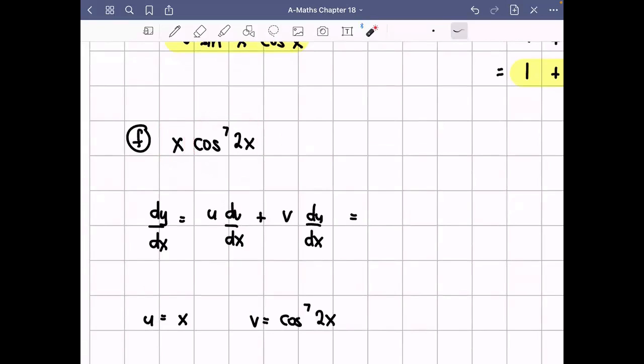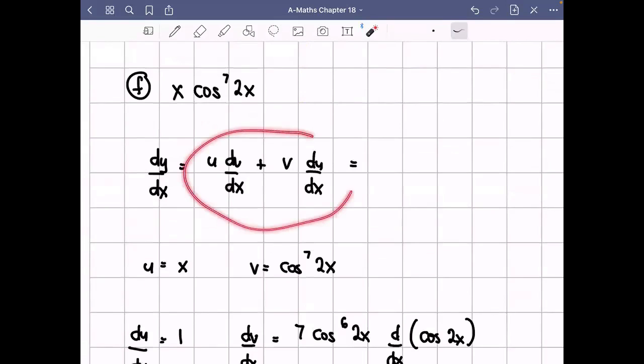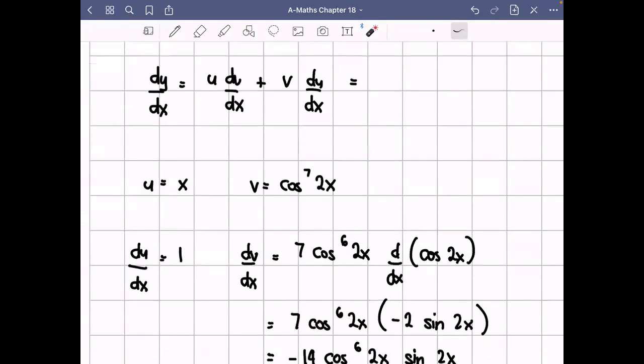So therefore, x is my u, then cosine 7 of 2x is my v. Okay, so this is product rule. So again, it's u dv plus v du, or u times the derivative of v, and then v times the derivative of u. Okay, so that's my shortcut.